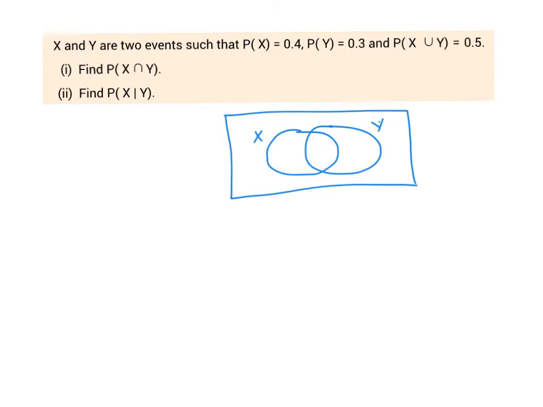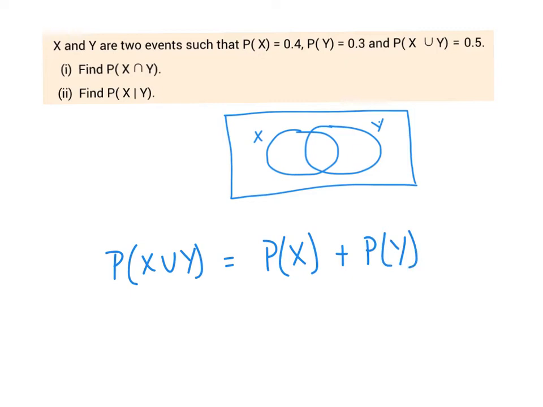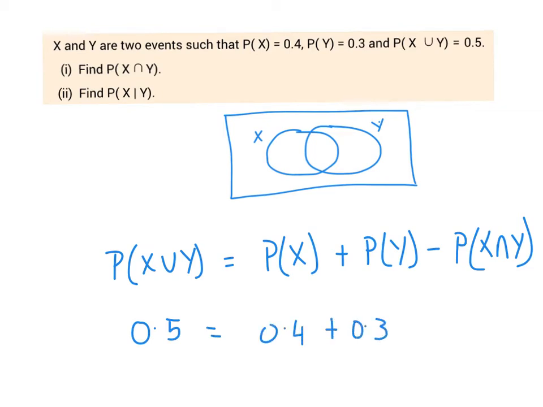Well, I know that p of x union y is equal to p of x plus p of y, and I always remove the intersection or take it away because I don't want it to be double counted. So here I have 0.5 is equal to 0.4 plus 0.3 minus p of x intersection y.